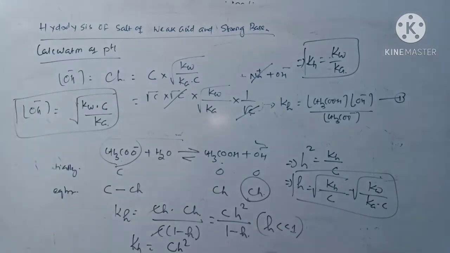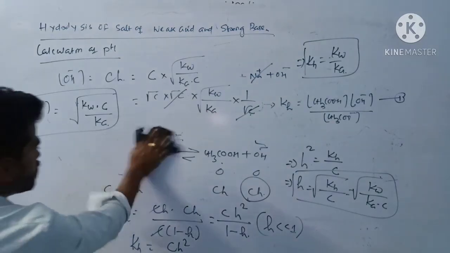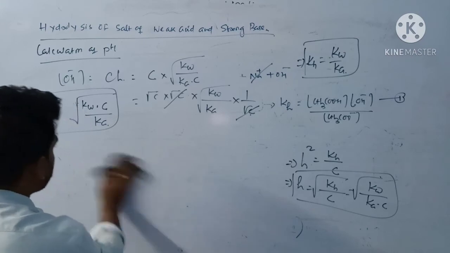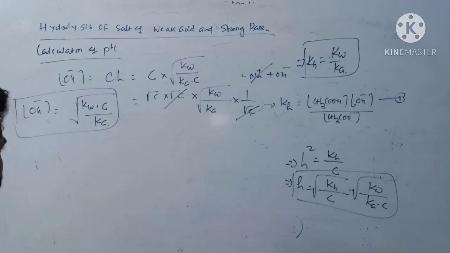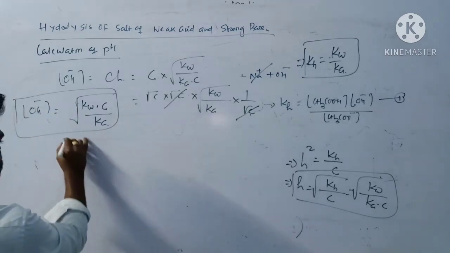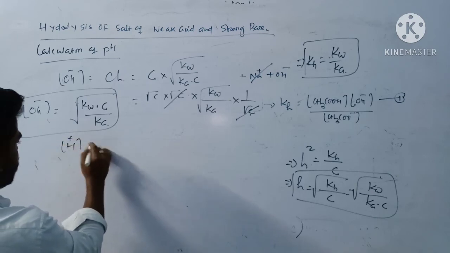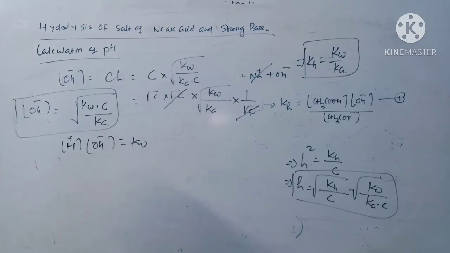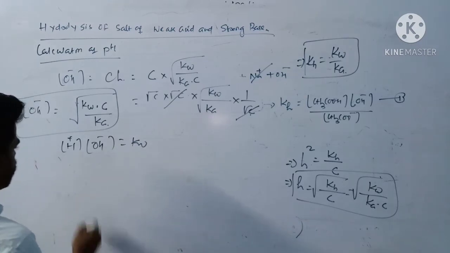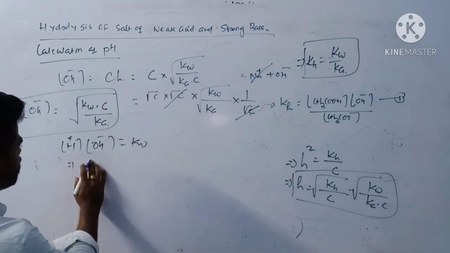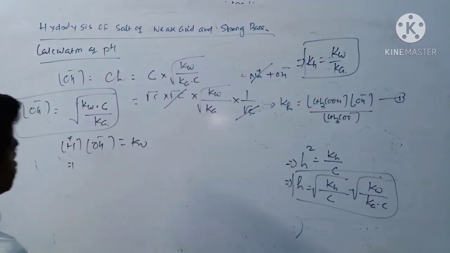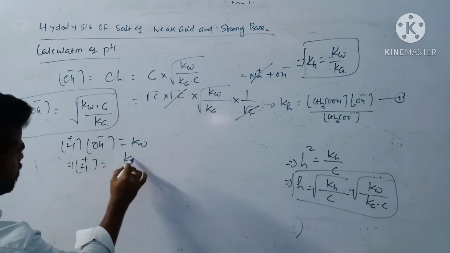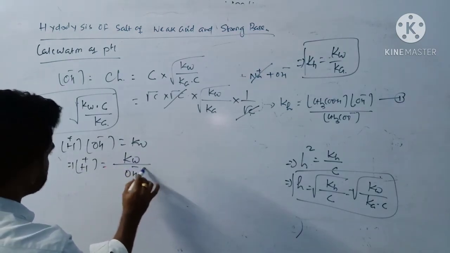So now we can calculate the concentration of H plus in order to find out the value of pH. Clear? So H plus into OH minus, that is the ionic product of water Kw. Clear? So the concentration of H plus is equal to Kw by OH minus.